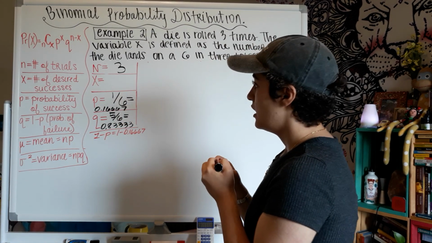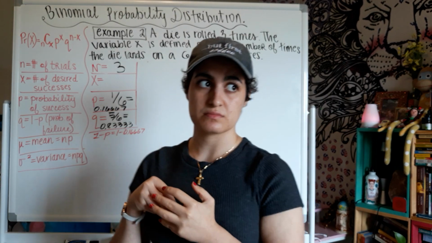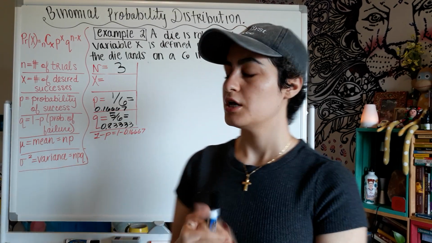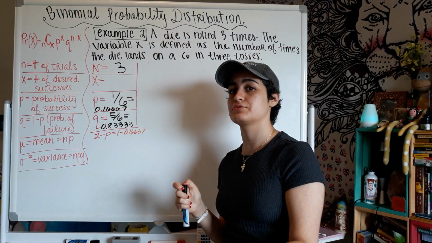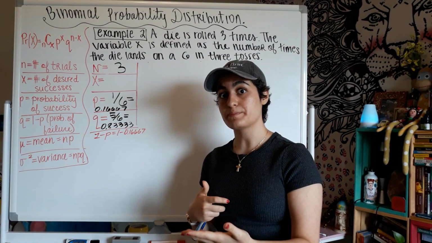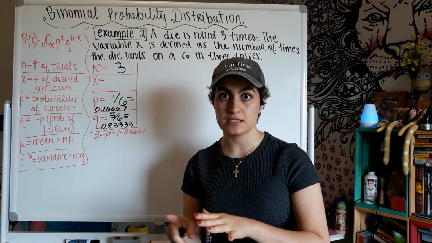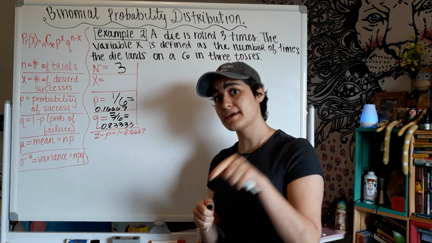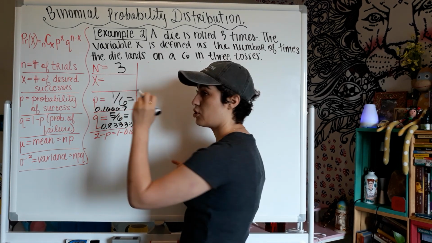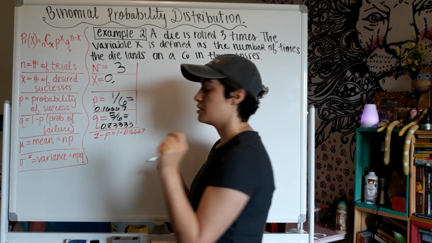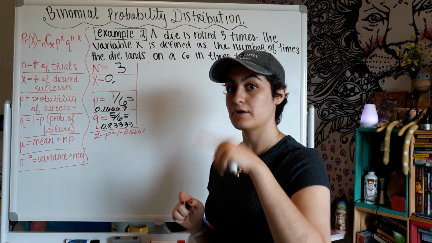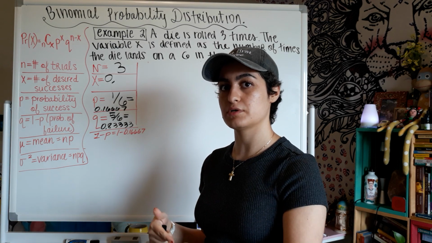So X is honestly the most complicated part. X is defined as the number of times the die lands on a 6. So if I roll it 3 times, there is a possibility that I never get a 6. So in that case, X would be 0. So there was no success in that situation. There is a chance that I only get 1 six out of 3 rolls.